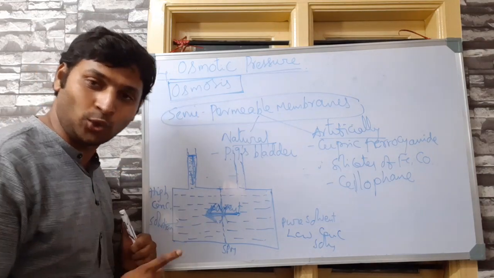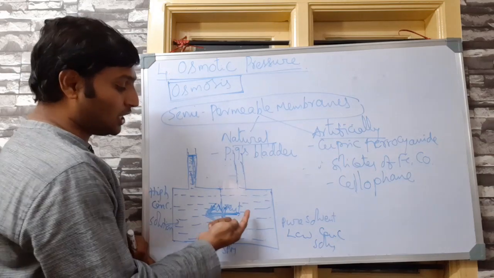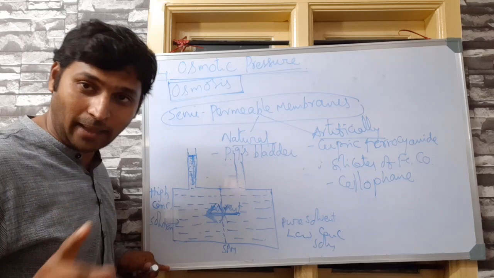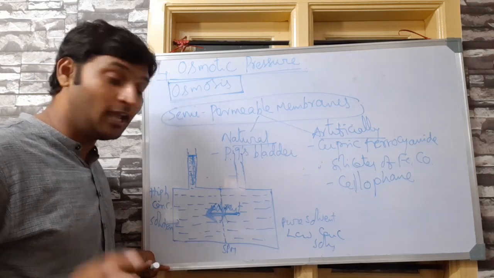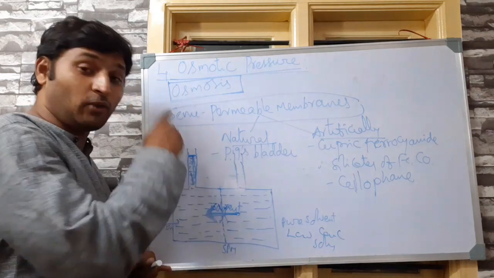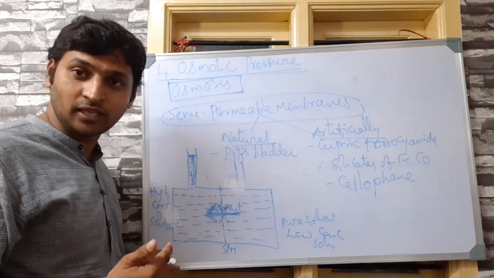like this, where you know that there is a concentration gradient, where you know that there is a chance of solvent molecules moving from here to here, and you don't want that to happen. Then you must have already determined the osmotic pressure: by developing how much amount of hydrostatic pressure the process of osmosis stops.